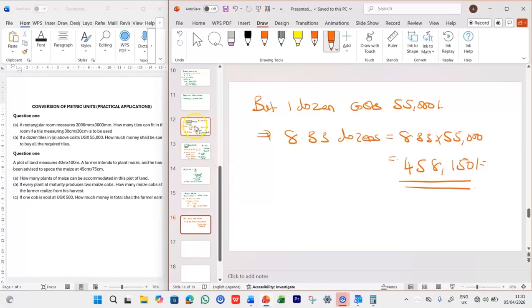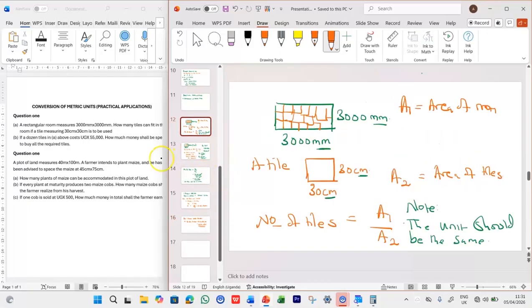The question says the room is rectangular. It is measuring 3000 by 3000 millimeters, but they are going to use tiles of 30 by 30 centimeters. You have a condition. First, make the units similar. I have chosen to use centimeters. So all the millimeters in the room should first be converted to centimeters.